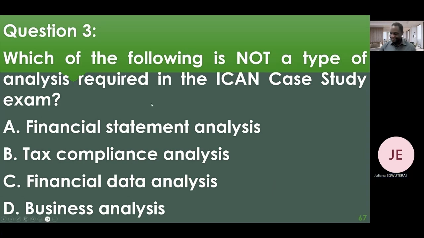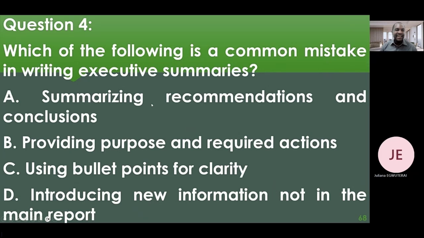Okay, number 4. Which of the following is a common mistake in writing executive summaries? A, summarizing recommendation and conclusion. B, providing purpose and required actions. C, using bullet points for clarity. D, introducing new information not in the main report.